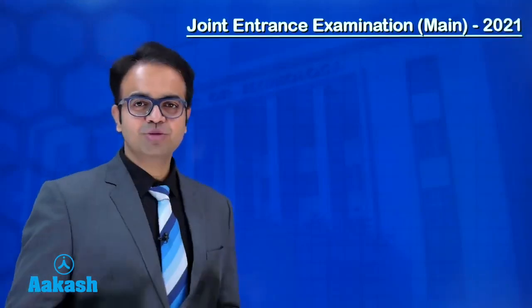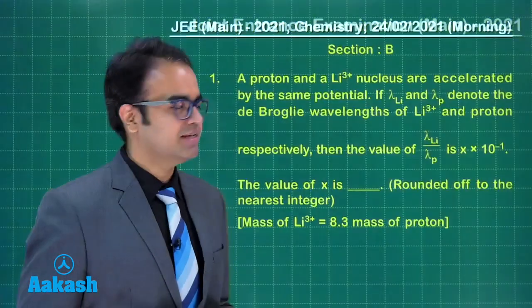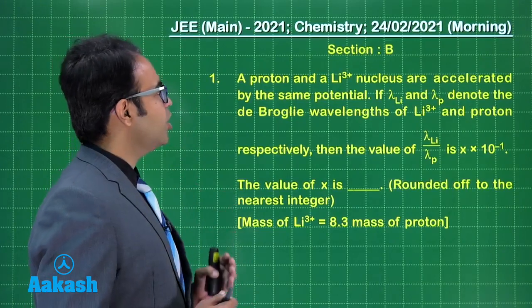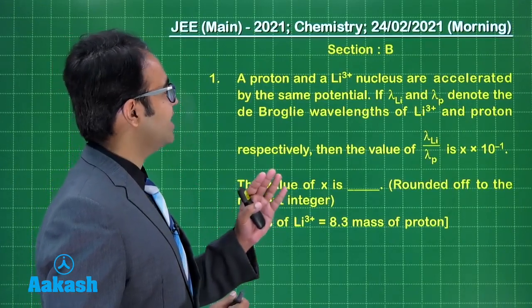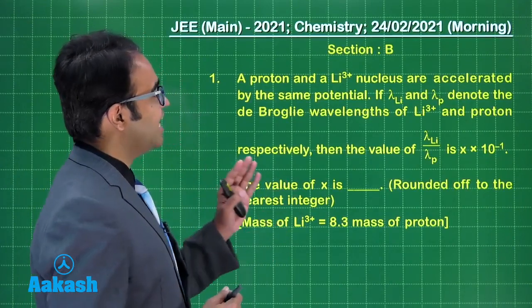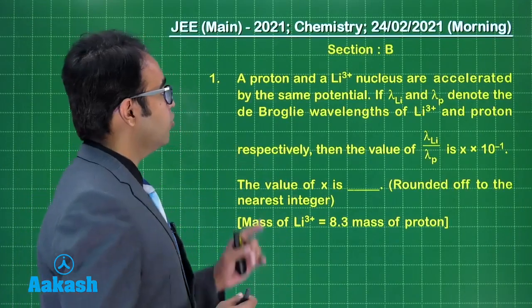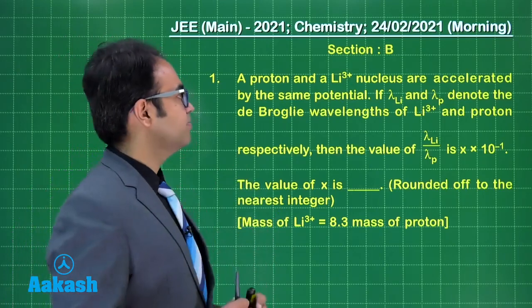Let us look at the next question, which is from section B. A proton and a Li3+ ion nucleus are accelerated by the same potential. So V is the same for both.